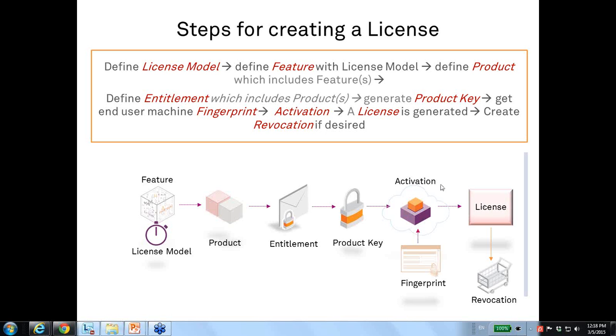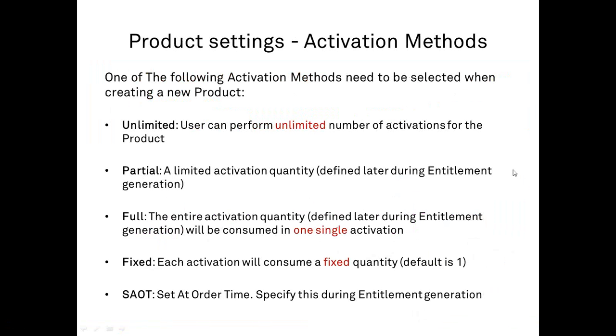We are talking about activation, and even starting from the product, you can define things that relate to the activation process, which is done here, or maybe during the entitlement. What I wanted to show you is this: the activation method can be one of these 5.